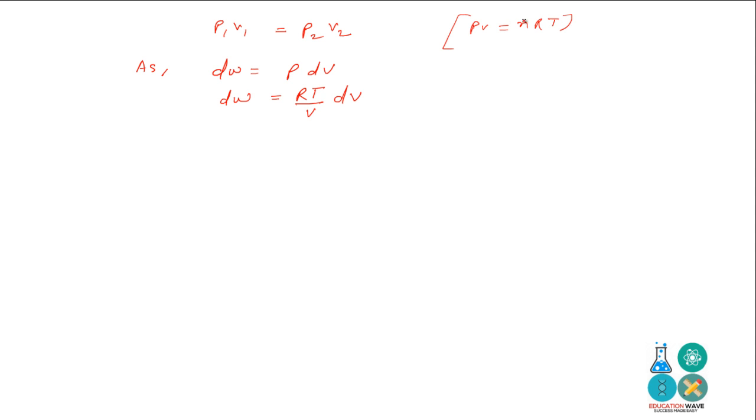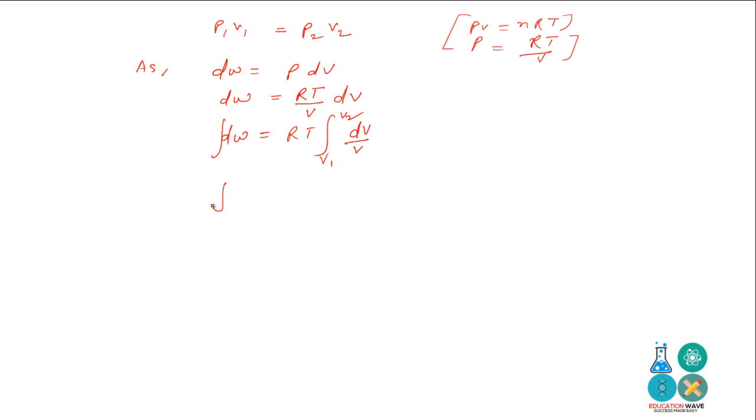Here n is 1, so P is equal to RT upon V. In the next step, we integrate both sides: RT times the integral of dV by V, from V1 to V2.